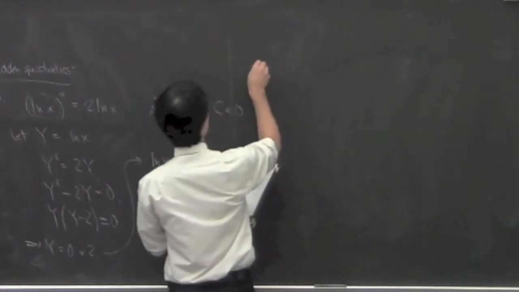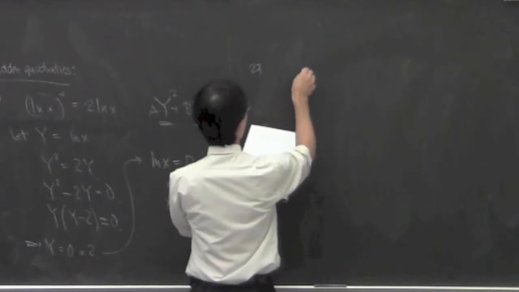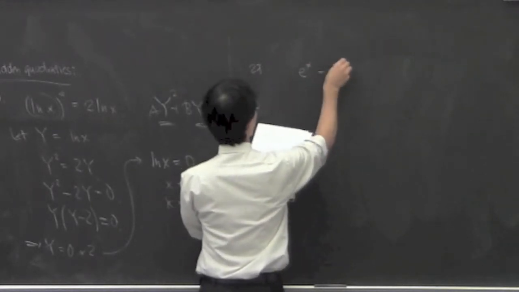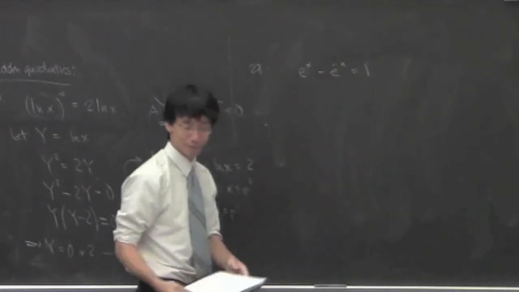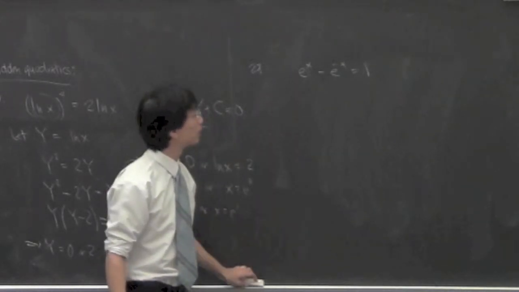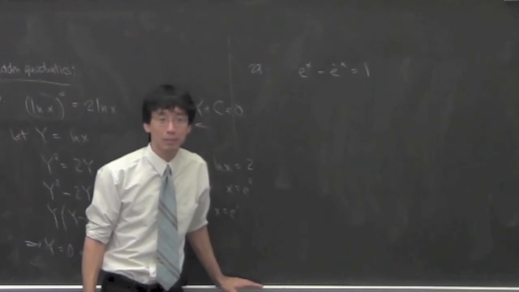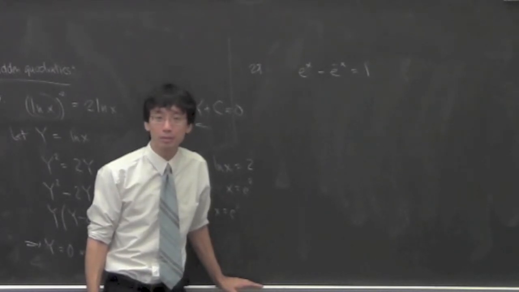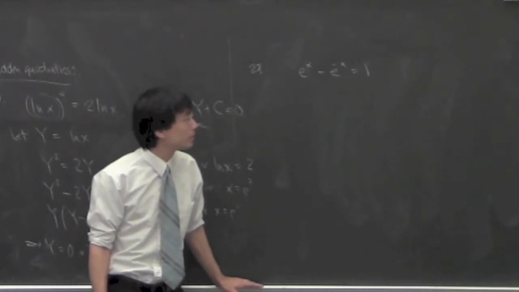Another example, this is problem 27 in the book. e to the x minus e to the minus x equals 1. Suppose you have this.